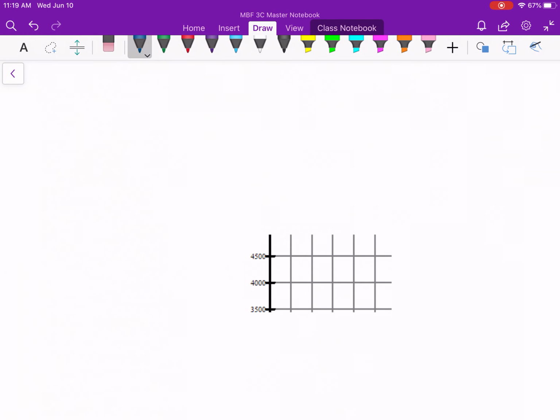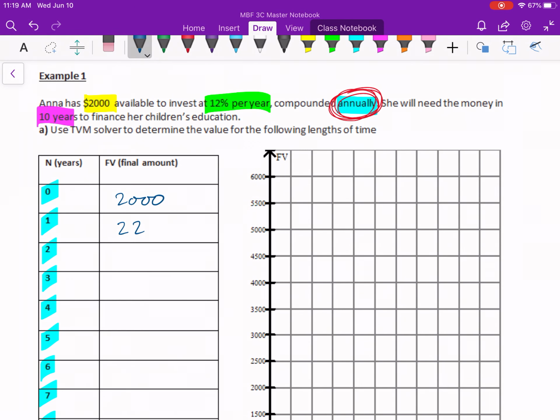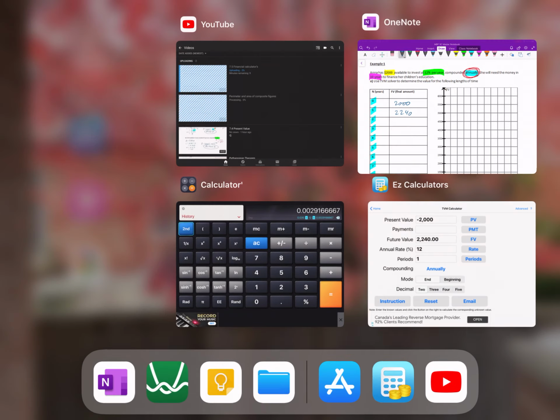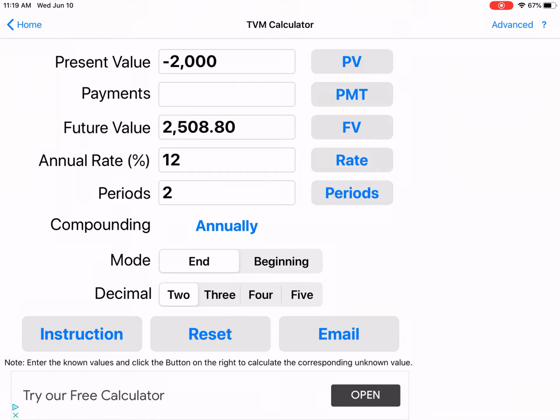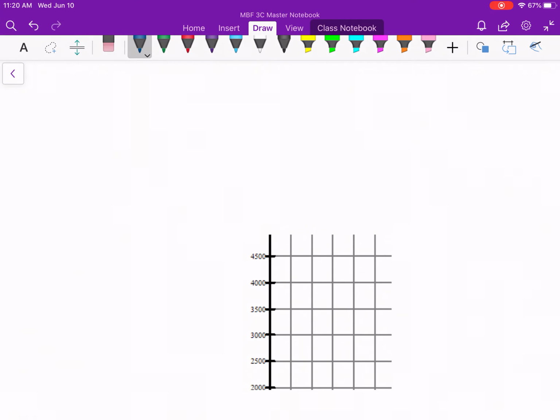So I can leave the information in there, and it'll still work. I'll change periods to 2 for 2 years, FV 2508. I'm just going to round it to the nearest dollar, okay?